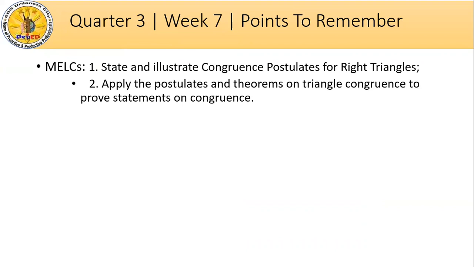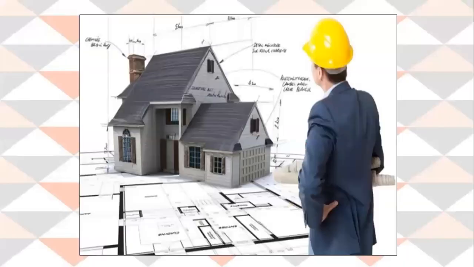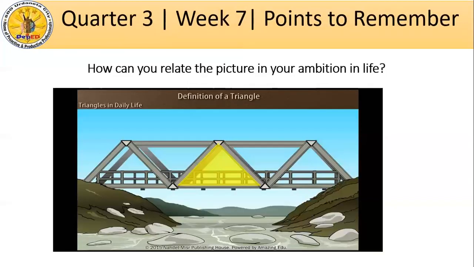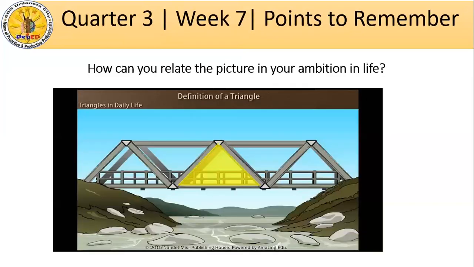Now, going back to right triangles in real life situations, we could find it on the stairs in our house or on the roof, and especially used in building houses and bridges. Now, do you think there is a relation between the bridge and your ambition in life?